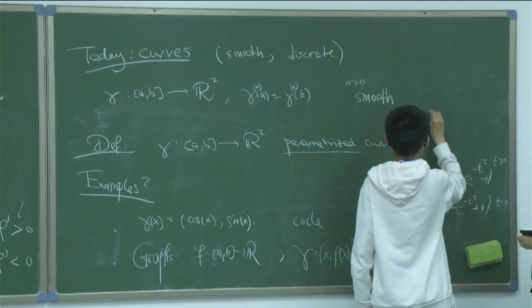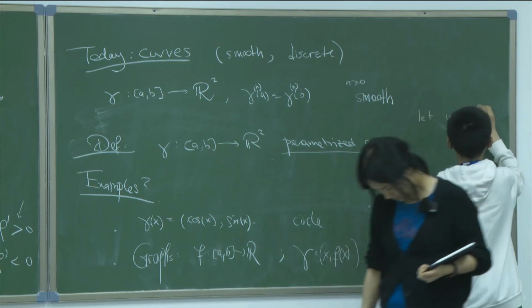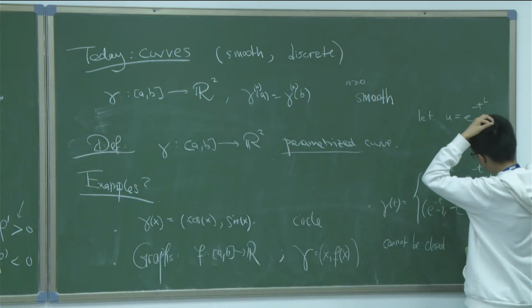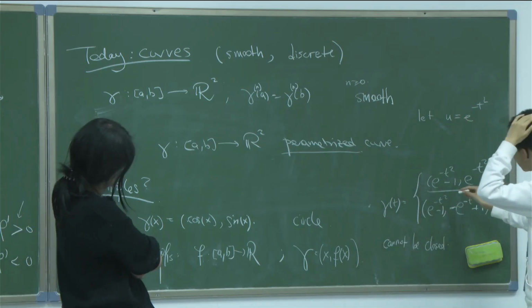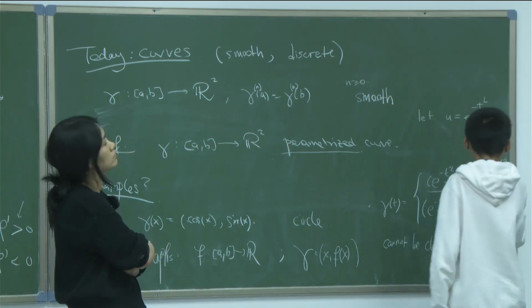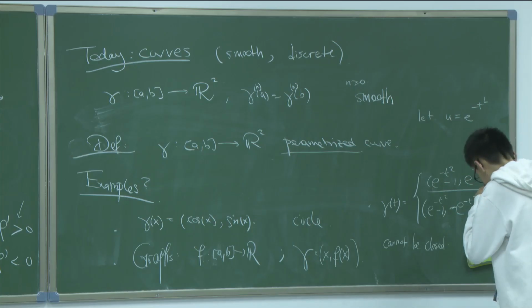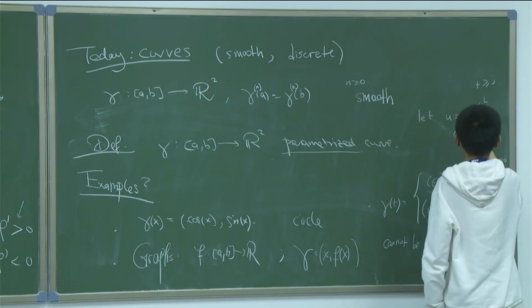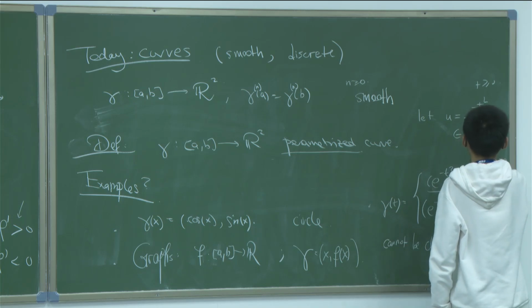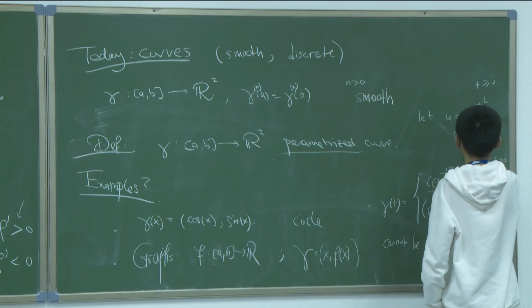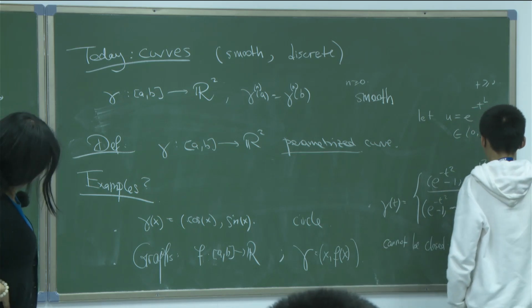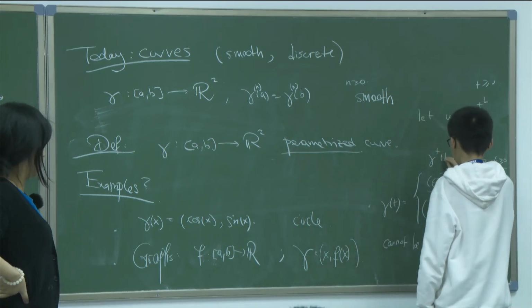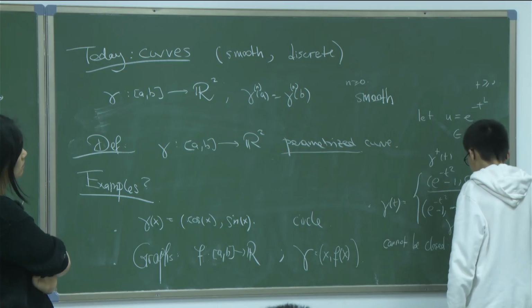For example, we will first consider the front terms. Then it says t bigger than 0, from 0 to 1. This is called gamma plus t, and gamma minus t.